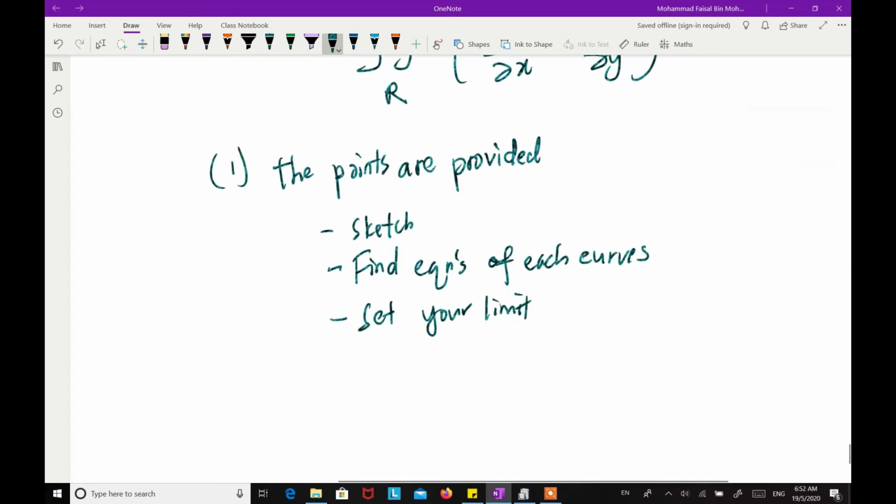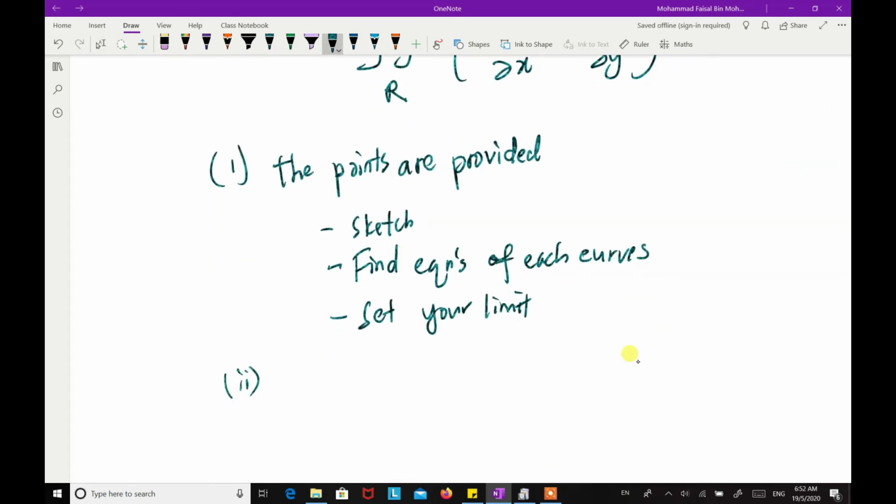Second one, the functions are provided, which means the curves are provided.